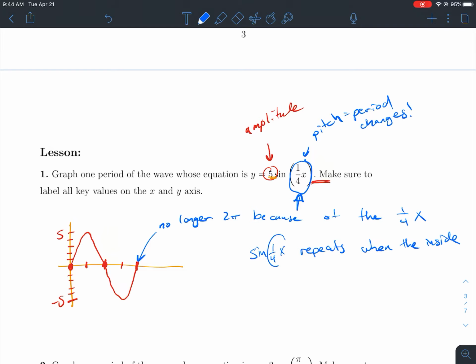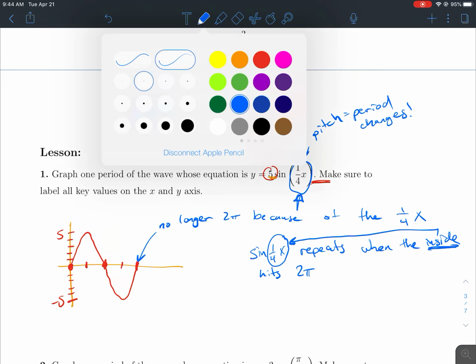Sine of 1/4 x repeats when the inside, which is that thing right there, hits 2 pi. Because when that inside function, 1/4 x, hits 2 pi, that is 360 degrees, a full circle.